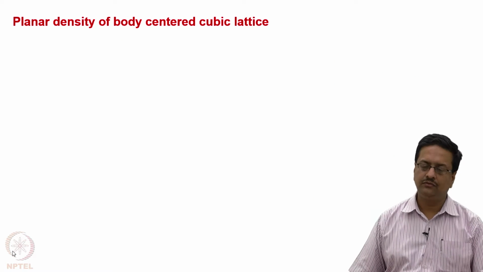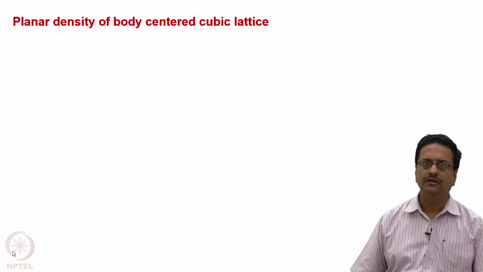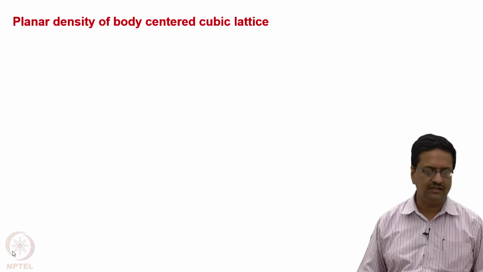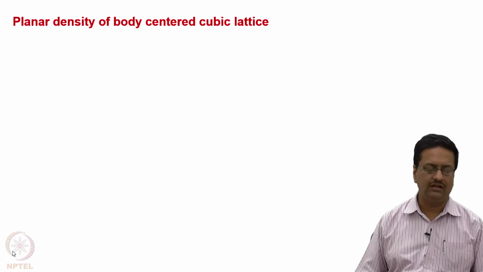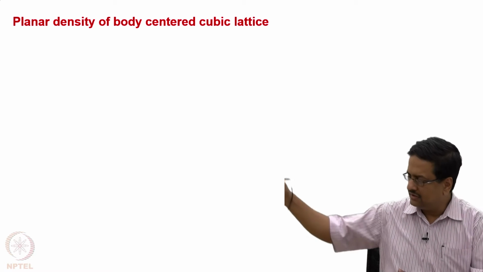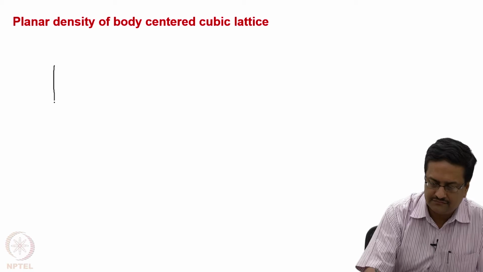Now let us try to work out the planar density of the body-centered cubic lattice, and we will see how the planar density changes for different planes like the 1 0 0, 1 1 0 and 1 1 1 planes. So let us first draw the body-centered lattice.